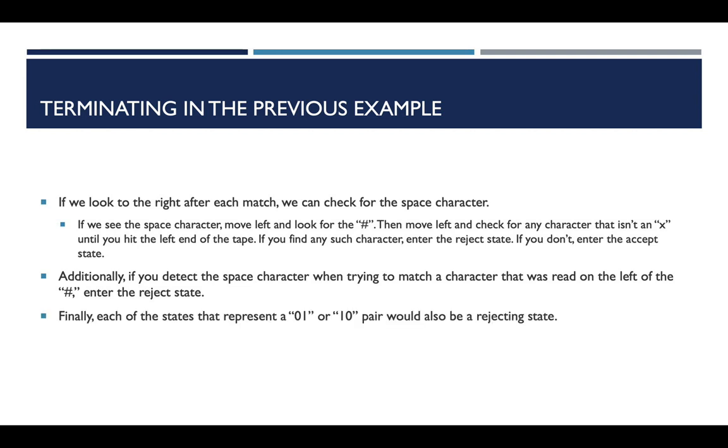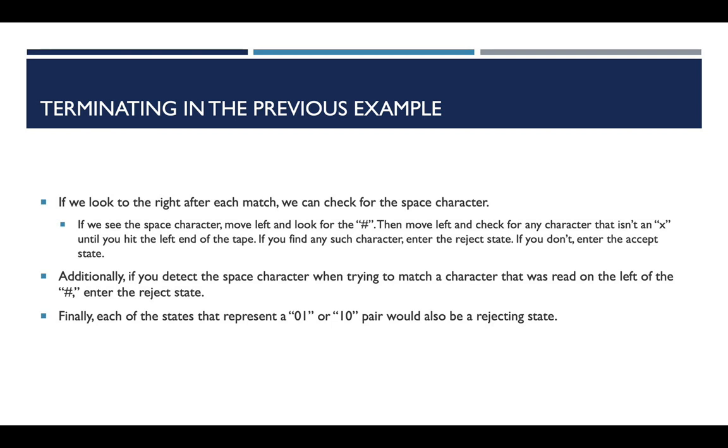In that case, we can accept if and only if all of the characters to the left of the pound sign have already been processed. That takes into account the case where we have an equal number of characters to the left and to the right of the pound sign, and by computation we know that all of the symbols are the same. So that's the case in which the string does in fact belong to our language.